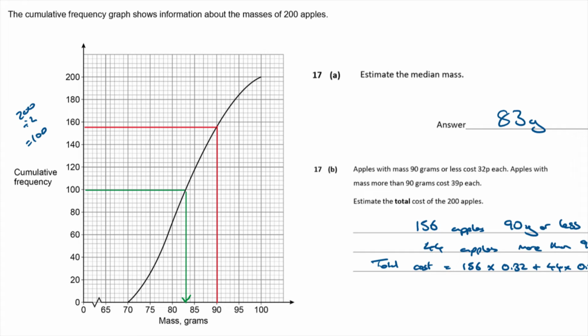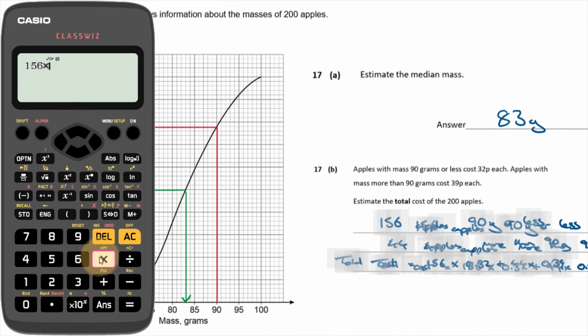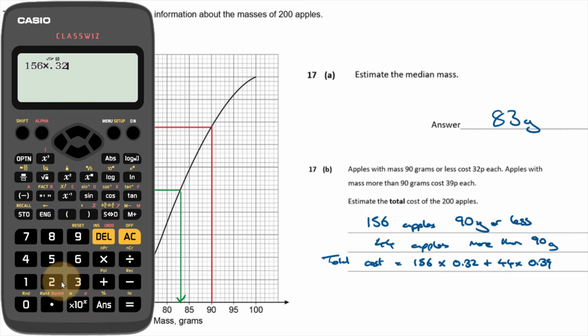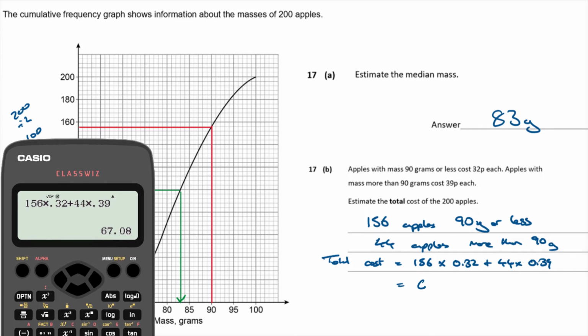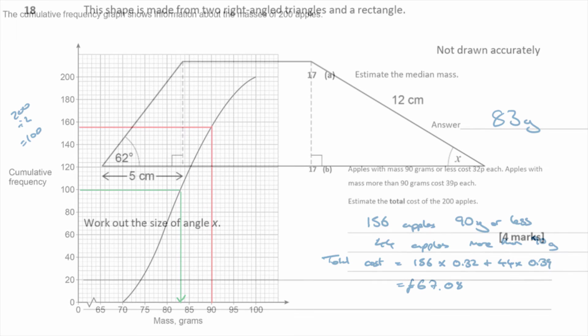Let me just budge that over so you can read it. Type that into the calculator. 156 times by 0.32 plus 44 lots of 39 pence. That comes out to be £67.08. So that's equal to £67 and 8 pence.